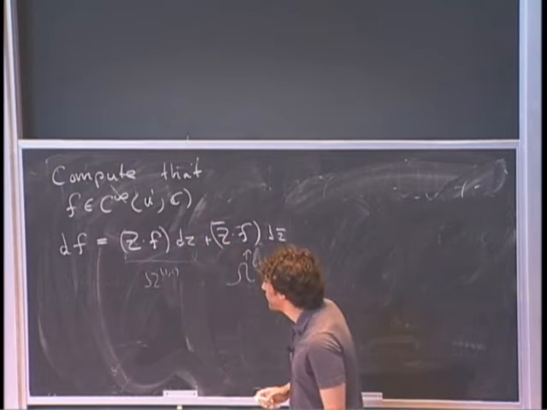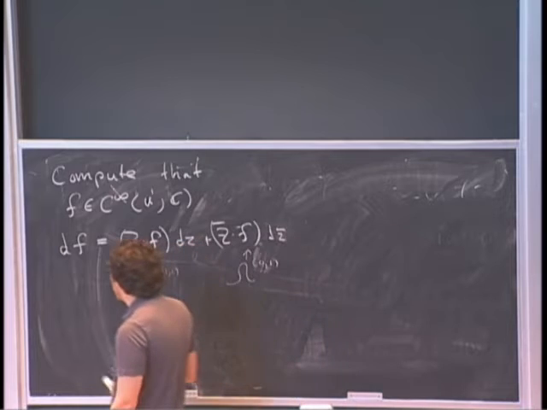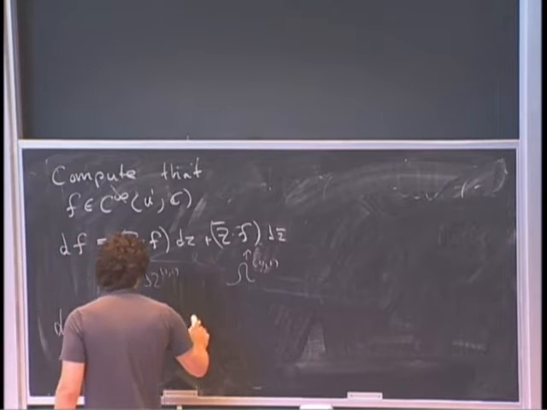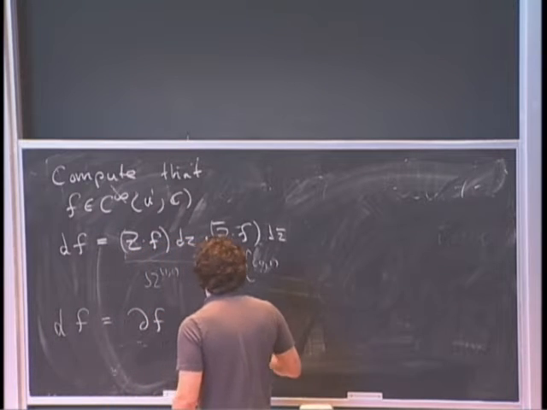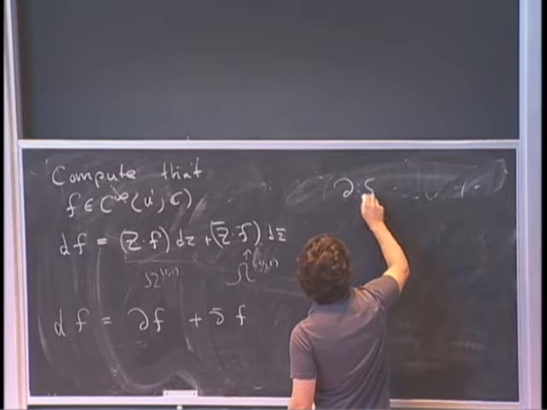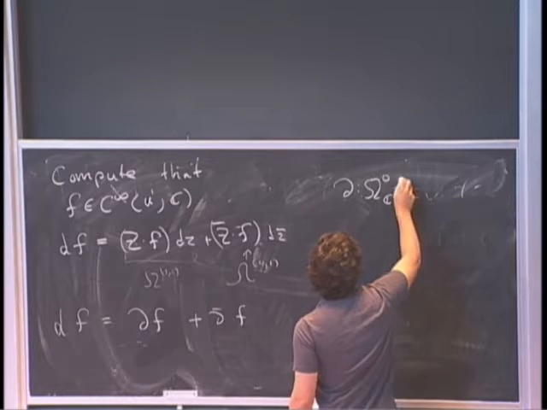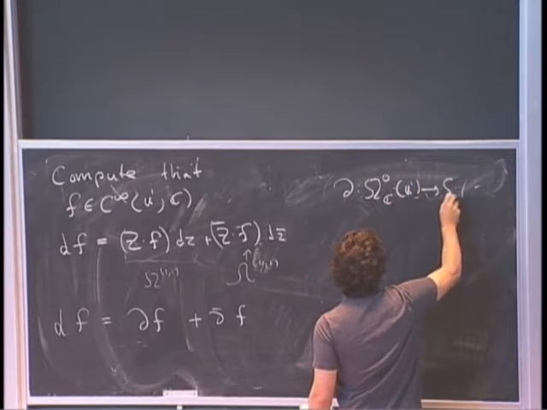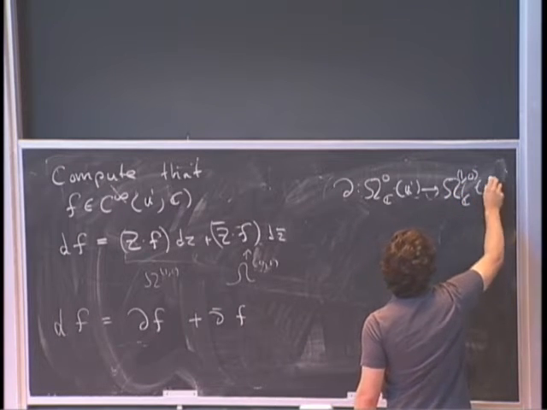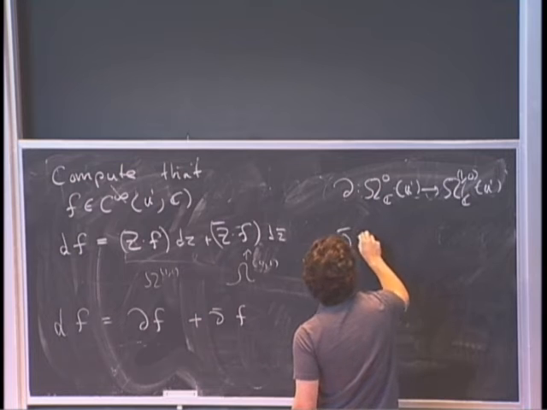And so since we have the splitting, we can break df into del f plus del bar f, where now we're supposed to think of del as taking complex valued 0 forms on u prime to the 1, 0 forms, and del bar doing the same thing.